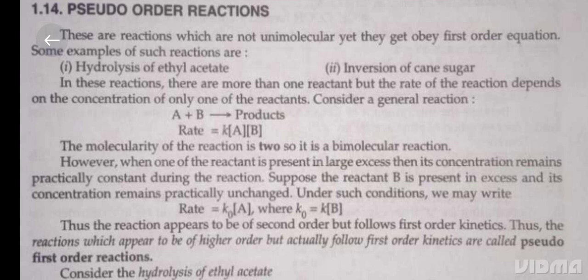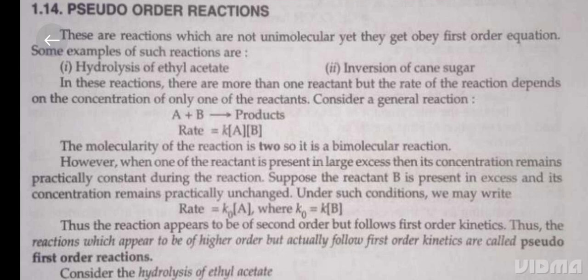Consider a general reaction A plus B gives products. The molecularity of the reaction is 2, so it is a bimolecular reaction. However, when one of the reactants is present in large excess, then its concentration remains practically constant during the reaction. Suppose the reactant B is present in excess and its concentration remains practically unchanged. Under such conditions, we may write the rate law, and thus the reaction appears to be of second order but follows first order kinetics.